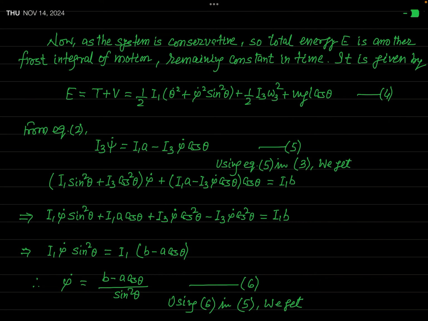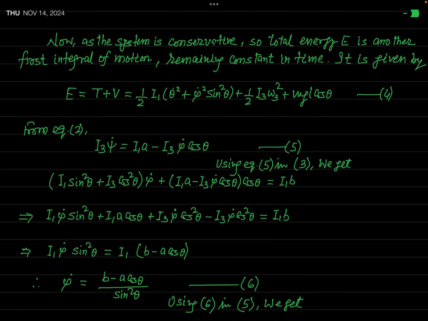So you can say that the motion here is taking place under a conservative force, and so this system is a conservative system. And in the case of a conservative system, the total energy is constant. It does not depend on time or position. So the total energy of this system will also be a constant of motion, or you can say the first integral of motion.